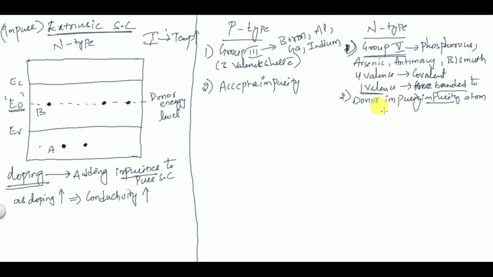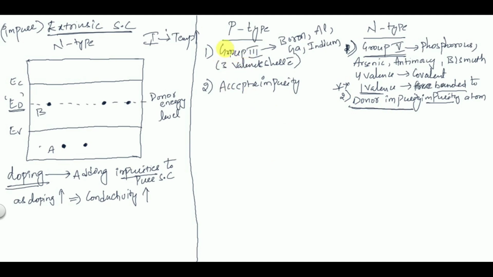Because it has one electron in excess. In n-type, you add a fifth group element, so four electrons are involved in bonding, and the fifth is bound to the impurity atom. By donating this extra electron, the fifth electron, it is involved in current conduction. That is why that impurity is called a donor impurity.